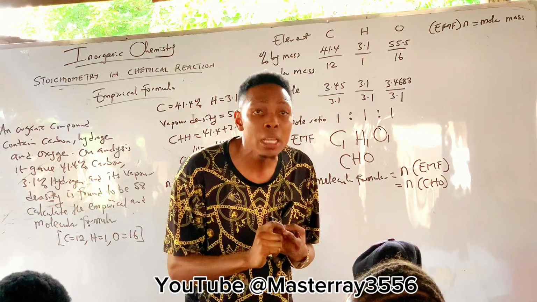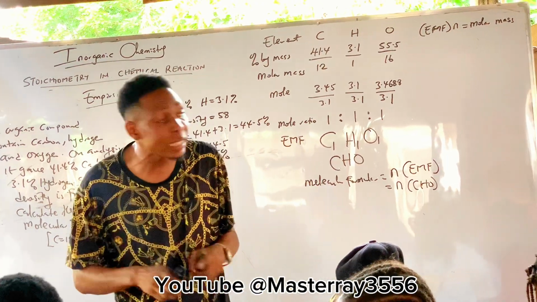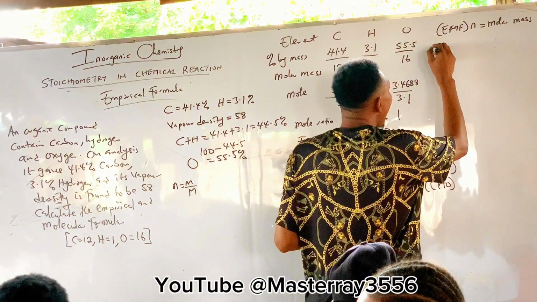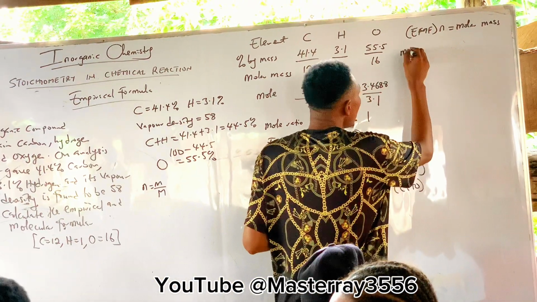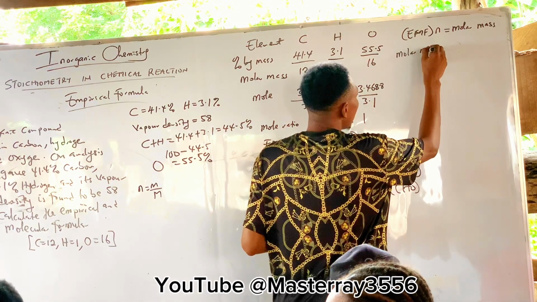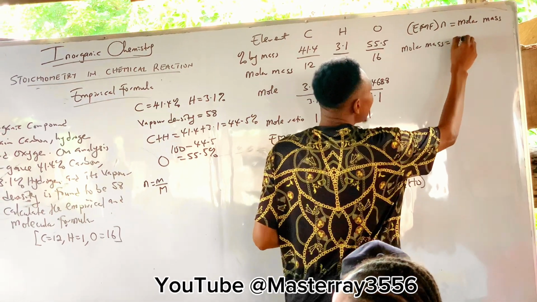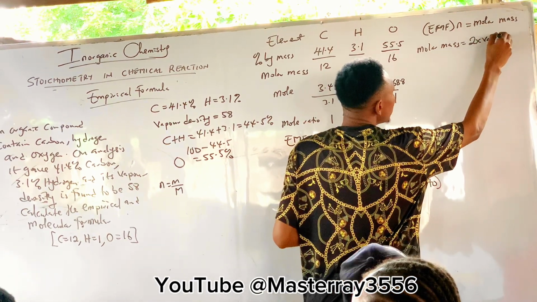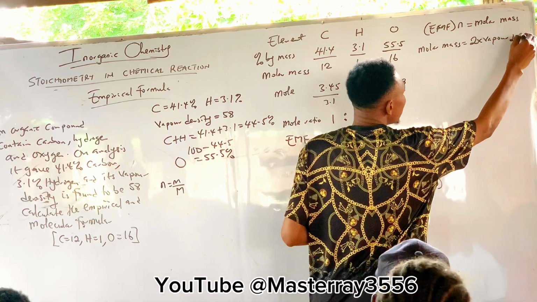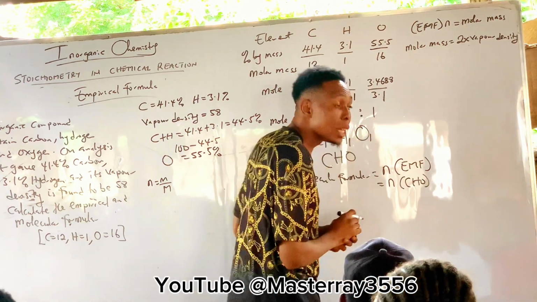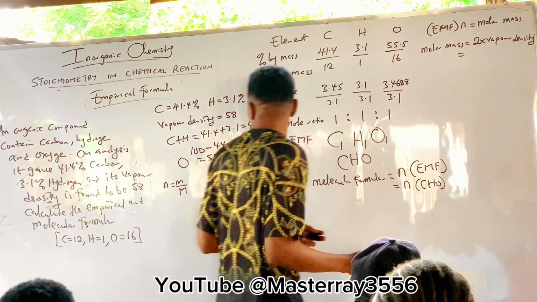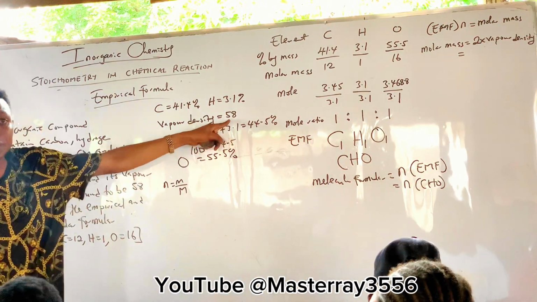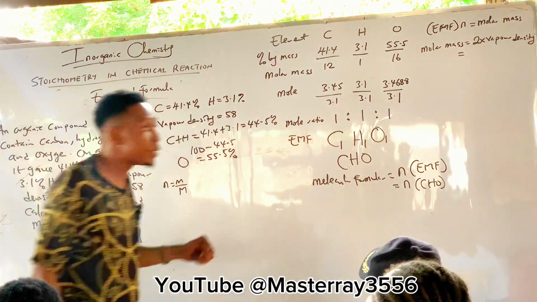Are you following? Now to get molar mass from vapor density, molar mass is twice the vapor density. So molar mass is equal to 2 times vapor density. We were given our vapor density in the question to be 58.